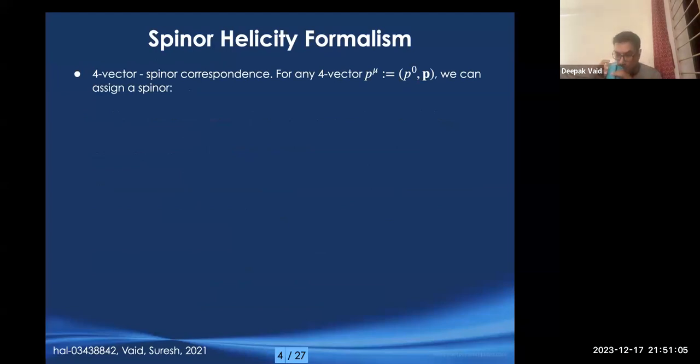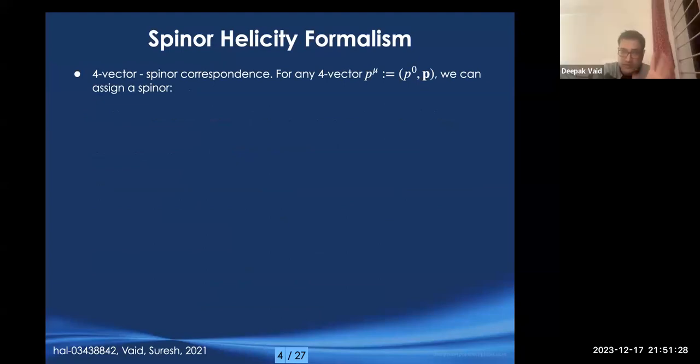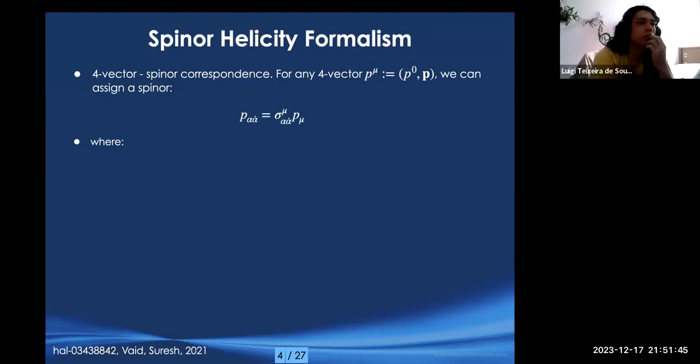Well, they are states of quantum geometry. And in order to understand the construction of these states, unfortunately, you need to know a little bit about the spinor helicity formalism. It's not difficult to understand. If you have any 4-vector, you can always write it as a 2 by 2 Hermitian matrix by contracting it with the Pauli matrices, where the sigmas are the Pauli matrices.